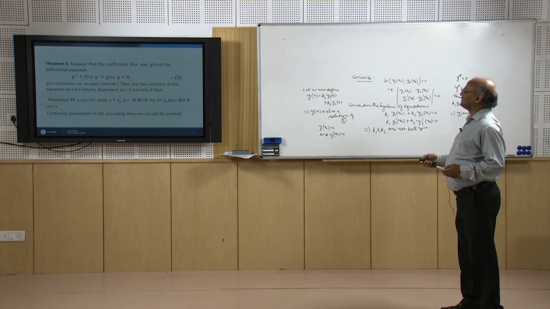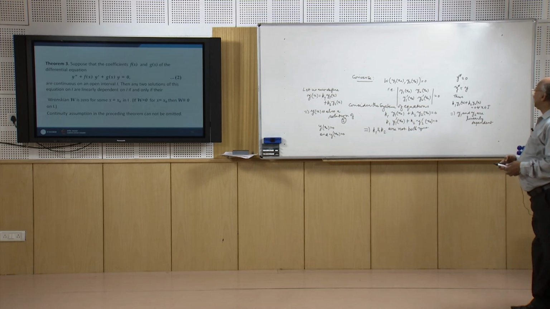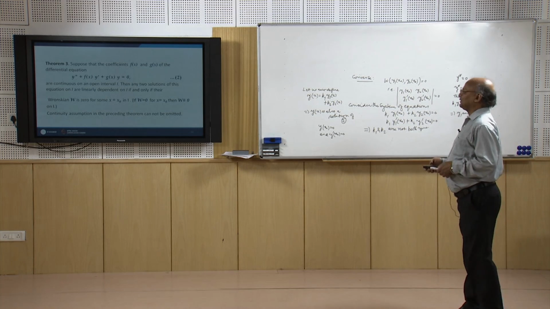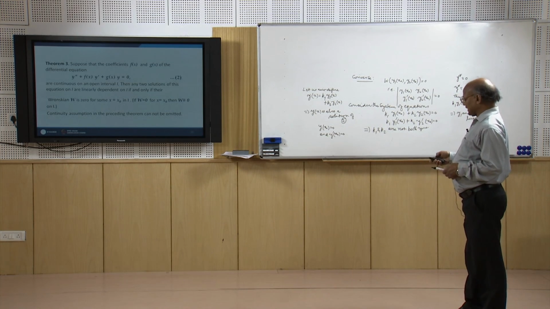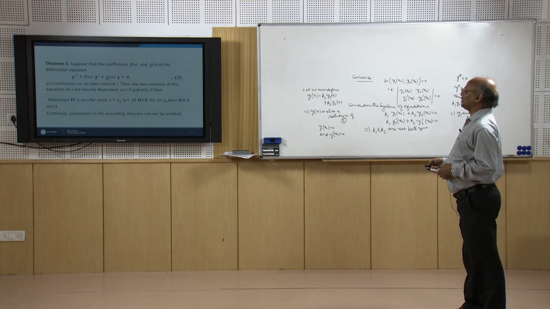Now let us apply the proof of the first part. In the proof of the first part we have shown that whenever two solutions are linearly dependent then W is identically 0. So here y1 and y2 are linearly dependent.